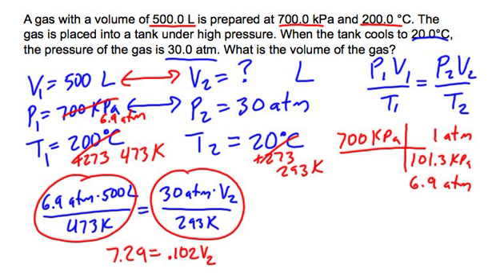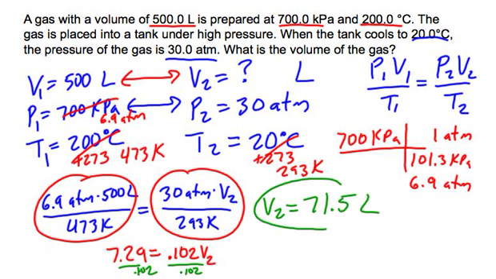It's in the numerator, so I can leave it right there. Now I'm going to solve for V2. So we divide both sides by 0.102 to get it by itself. And then I'm going to end up with V2 equals 7.29 divided by 0.102, 71. Now I can round a bit, 71.5 liters. So that is the new volume of this gas under these conditions.